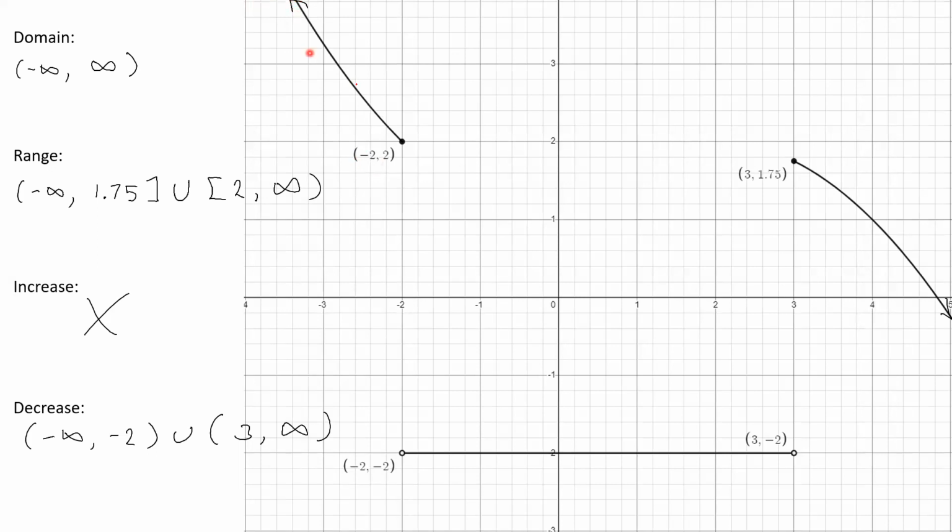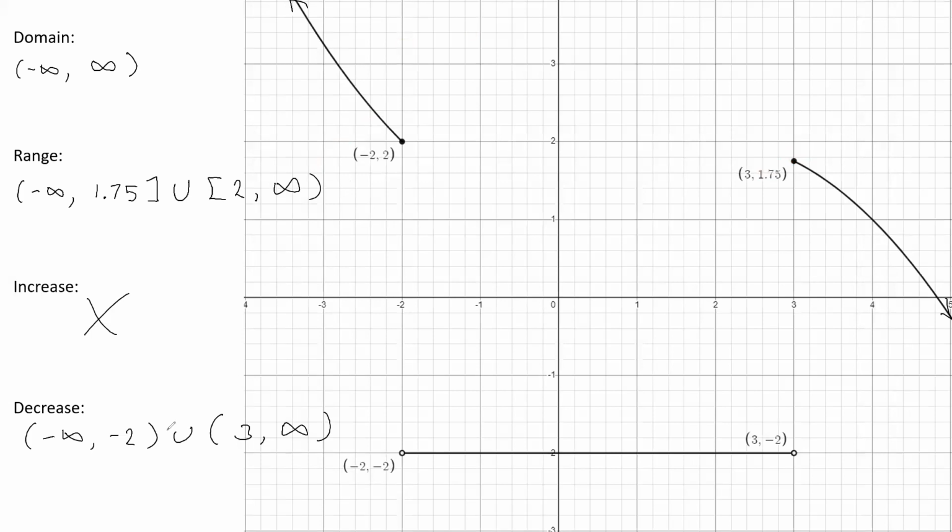Just imagine that goes on forever. And negative 2 is our x value where this ends. Now we jump over here, and our x value where it starts back up is 3. And then we just go on for infinity. So remember, when we're doing intervals of increase, decrease and constant, we use parentheses no matter what. Even though these are solid dots, we're still going to use parentheses because these aren't really increasing or decreasing, they're just points. So that's why we use the parentheses instead of the brackets.